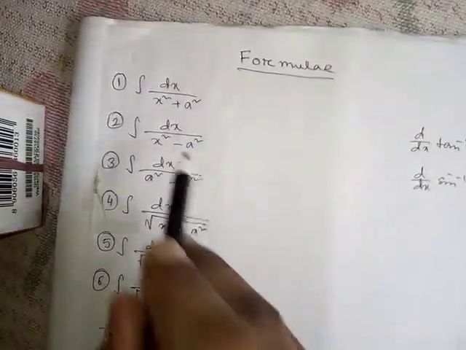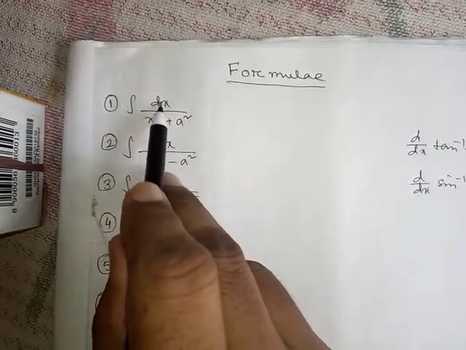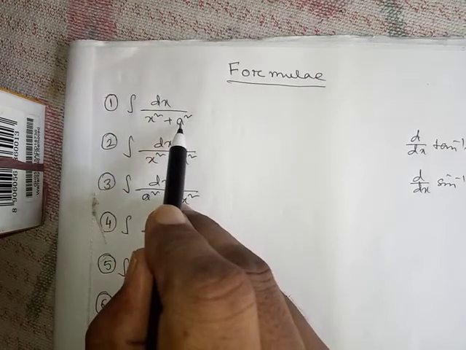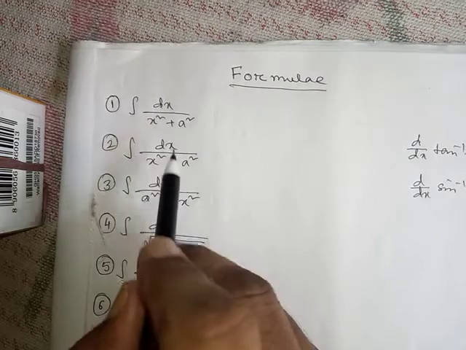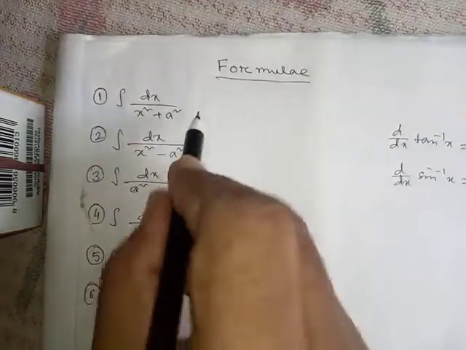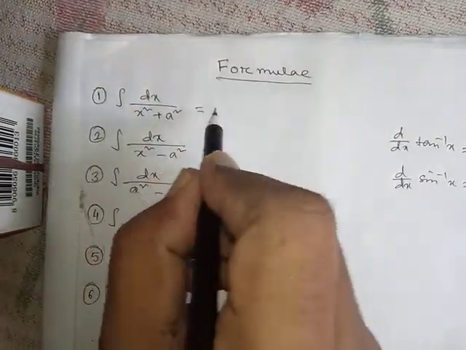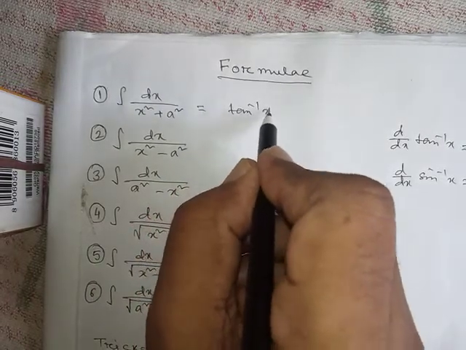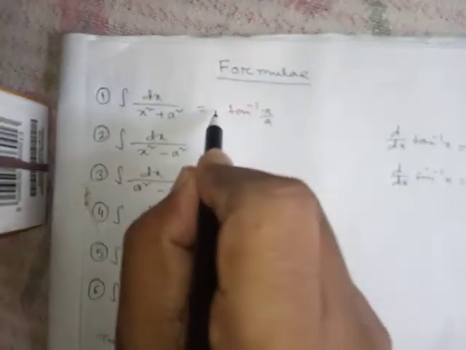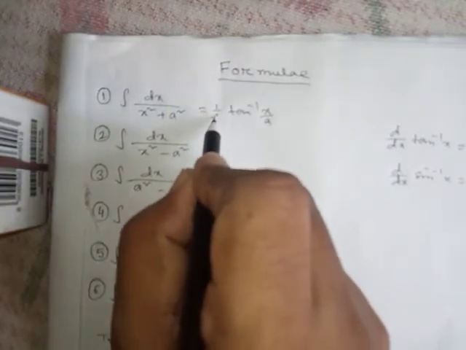Now let us have a look at these formulae which have similarity with this 1 by 1 plus x square. See this first one, dx by, this is a constant, a square plus x square. So this will be your tan inverse x by a, and in front there will be 1 by a.